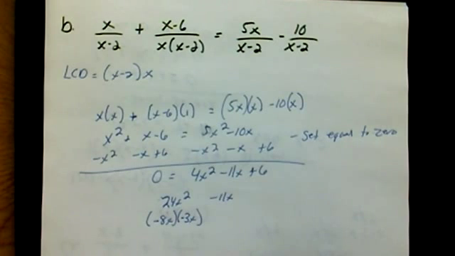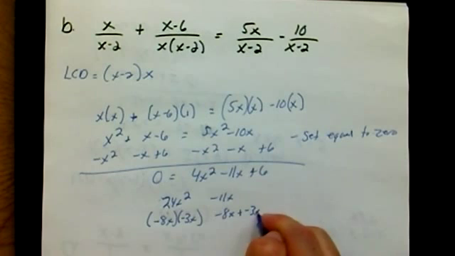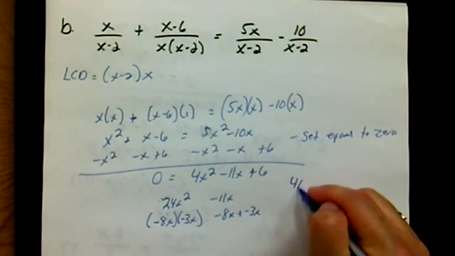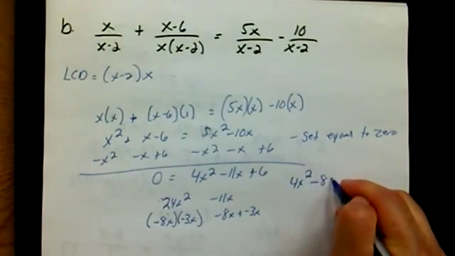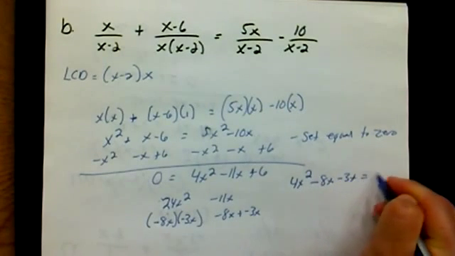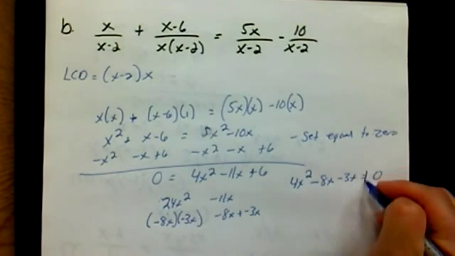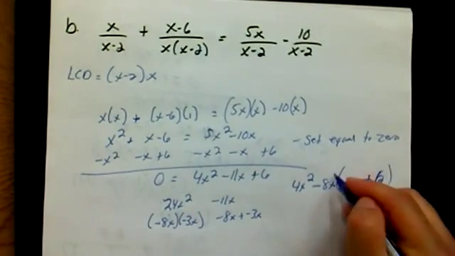Or use guess and check there, whichever you so choose. So negative 8x plus a negative 3x equals my negative 11. Replace my middle. Oops, plus 6. Group in my 2's.